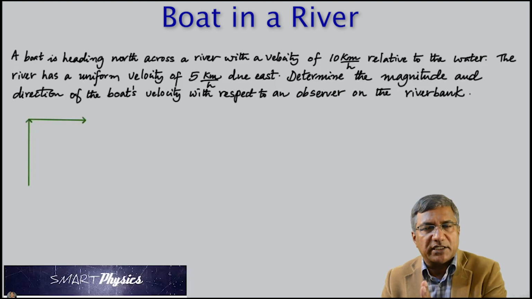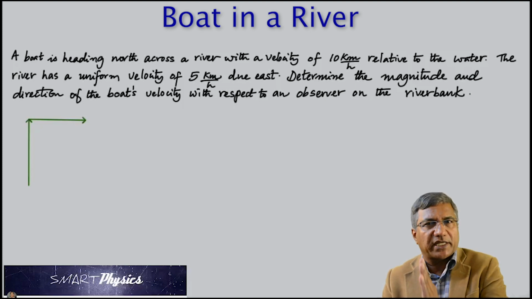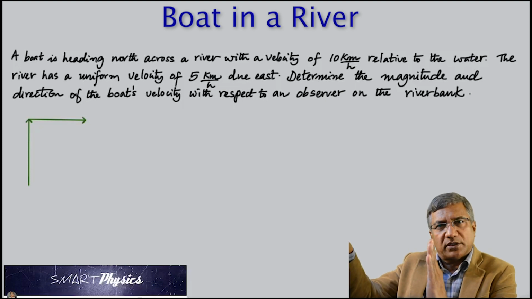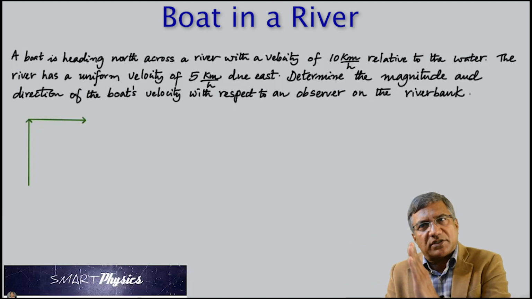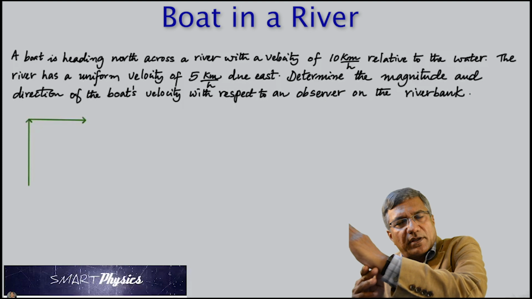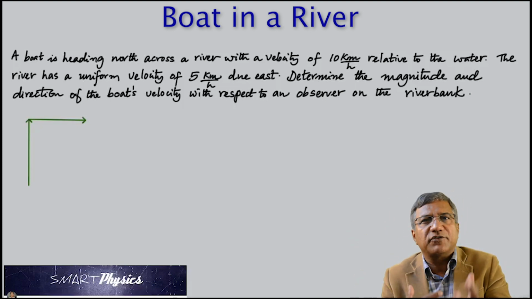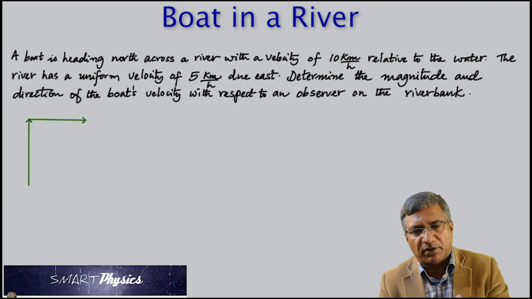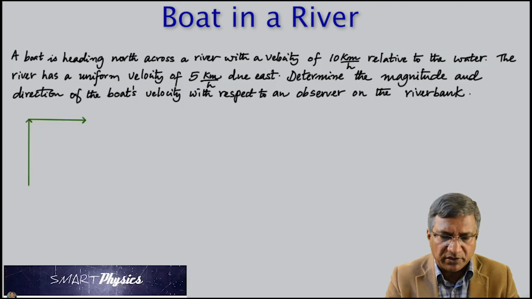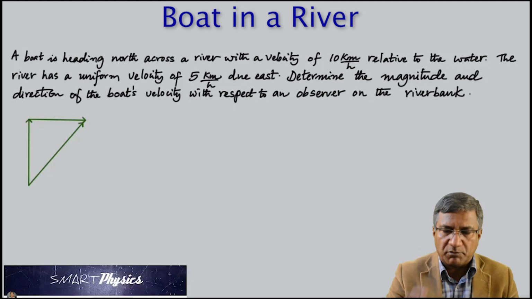It's trying to go straight across, but it can't because the water is flowing to the east. So the boat is going to take that path, and that will give you the magnitude and direction of the boat's velocity. So let's complete the diagram. That's the path that the boat takes.